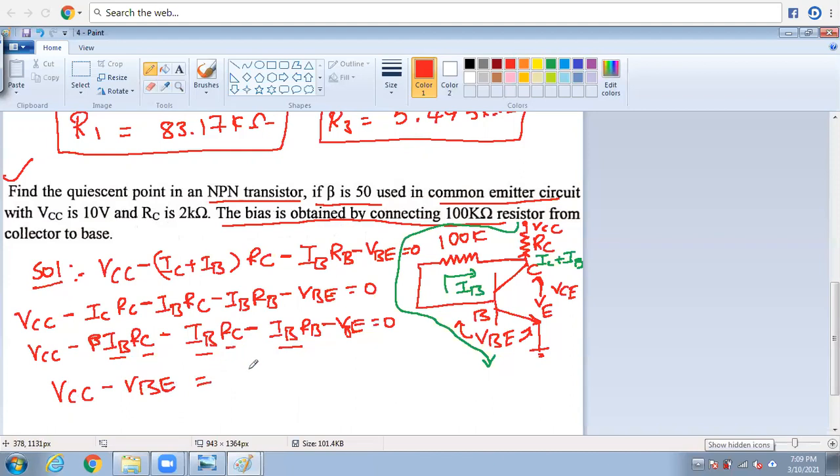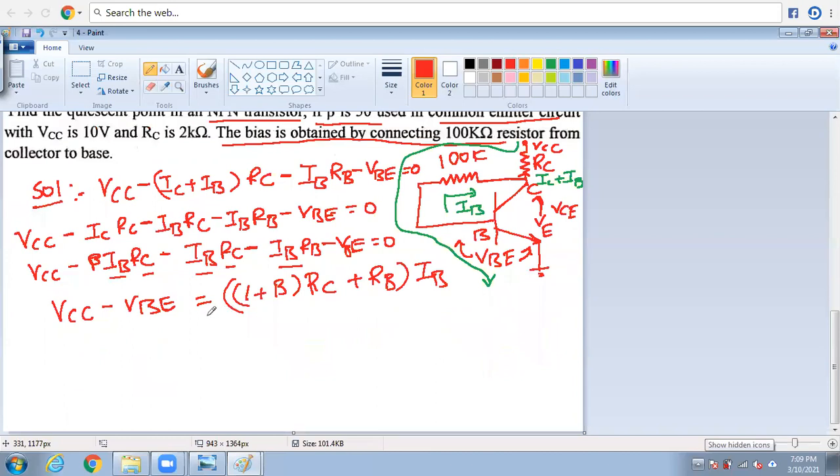First I would like to take RC common, so here I will write 1 plus beta into RC total, IB is also common, so plus RB into IB. Now final IB equal to VCC minus VBE by 1 plus beta into RC plus RB.